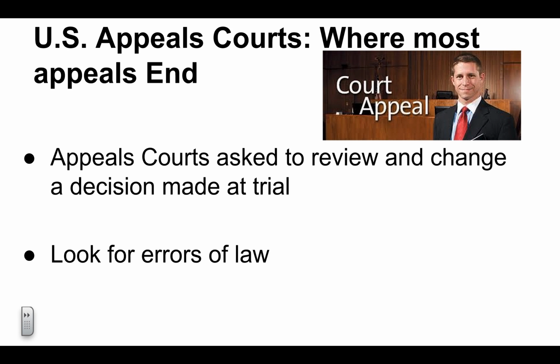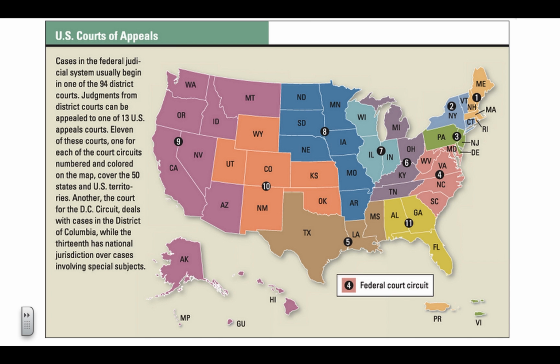And the Supreme Court can overturn decisions made in the appellate court. So even if an appeals court makes a ruling, it could go all the way to the Supreme Court as well. And there's just a list of the different courts, U.S. district courts here, that you can see how many are in each area.